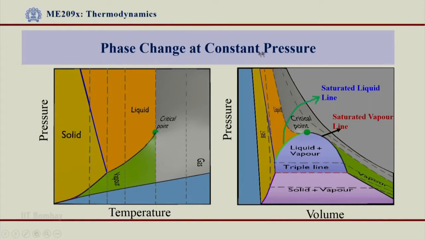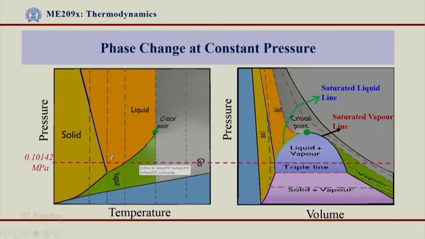So phase change at constant pressure would look like this, and I am showing for understanding sake this pressure is 0.10142 MPa, which is atmospheric pressure, and therefore this is where the water boils, and here I will go from L to V region, and therefore my LV saturation line comes into picture.